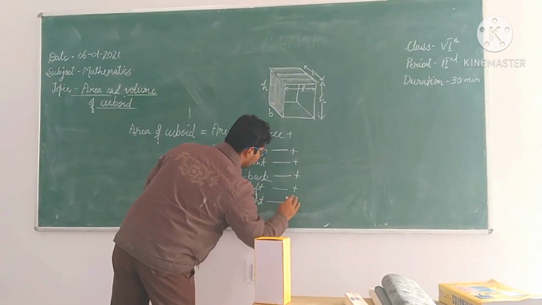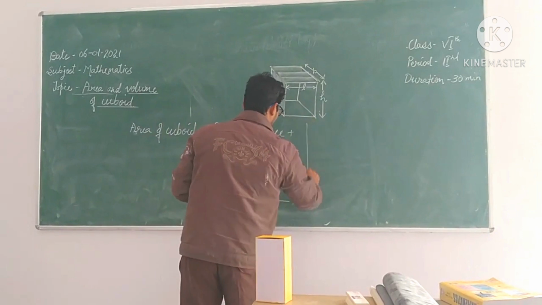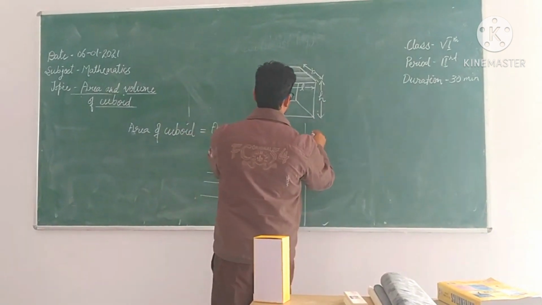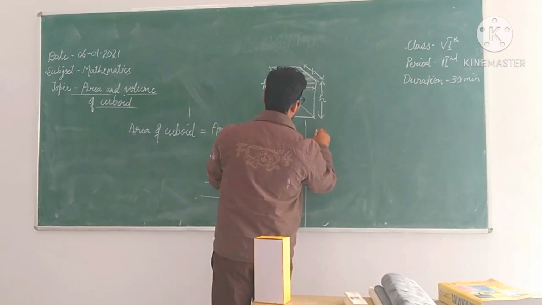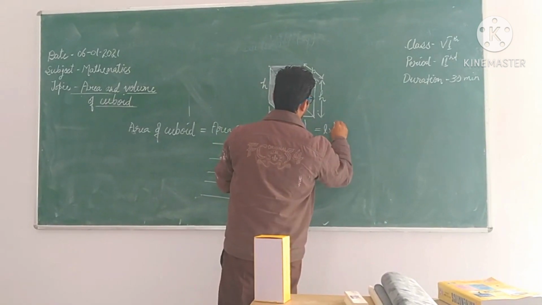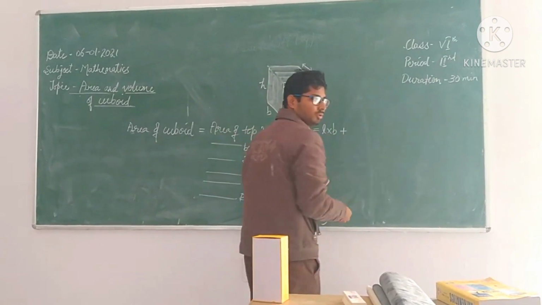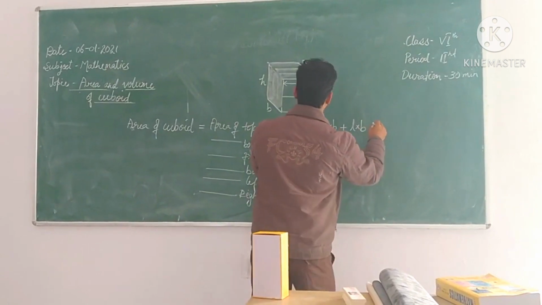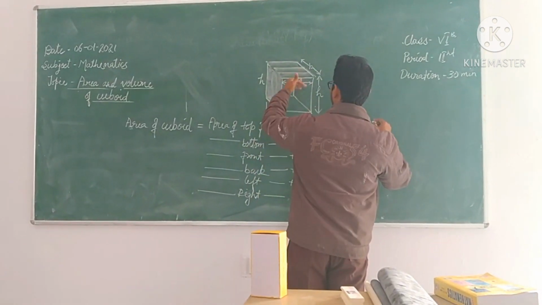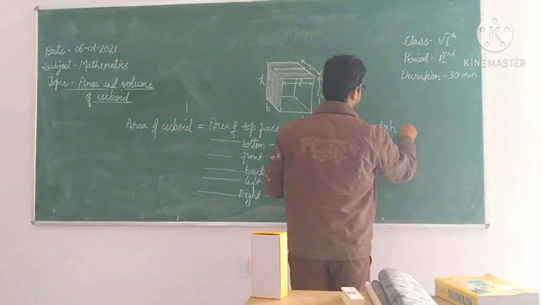So we will put values of all these faces. Area of top face is L into B. Area of bottom face is the same, L into B. Area of front face is L into H, or length into height.